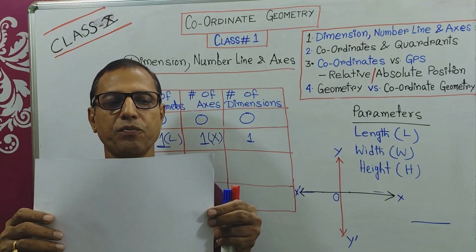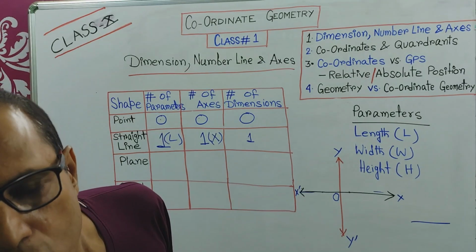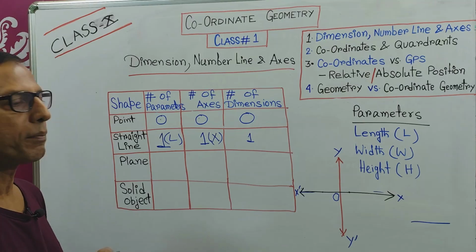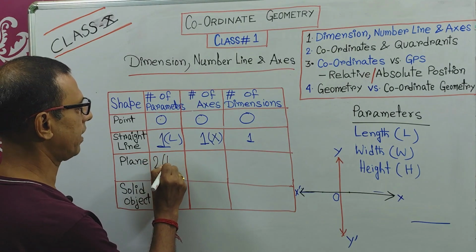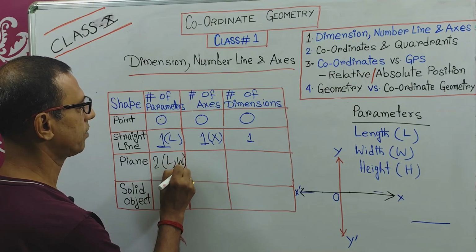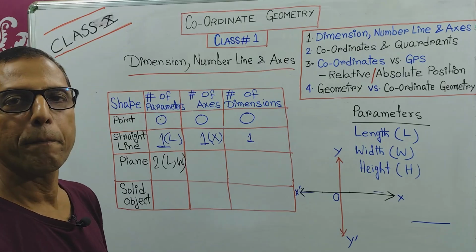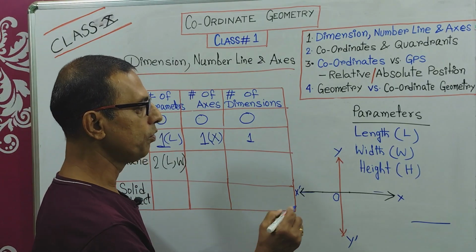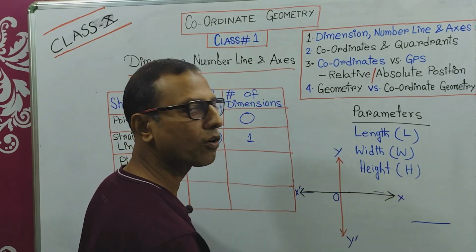To identify the position of a point on a paper, how many parameters do you have? You have 2 parameters, length and width, no height. So therefore, to specify a position in a plane, you need two axes, along the abscissa and along the ordinate.